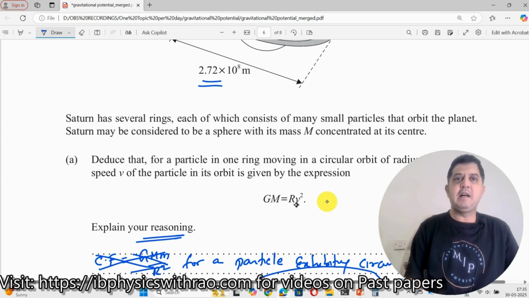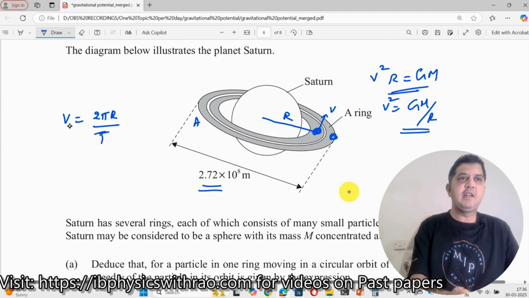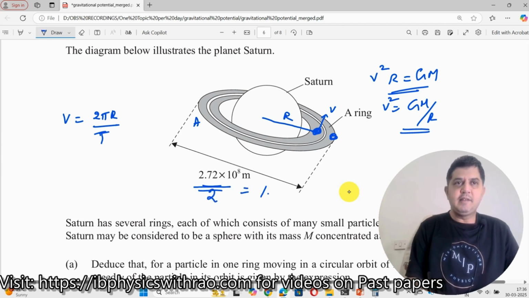G, M, r, we can substitute the values, you get the value of v here. And r is nothing but this divided by 2. This 2.72 × 10^8 is the diameter. So divide this by 2, and we get 1.36 × 10^8.